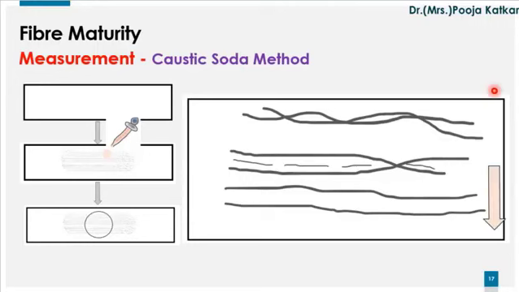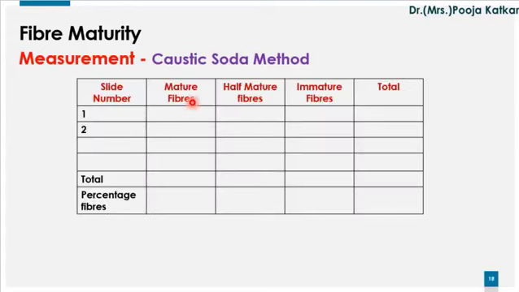You have to move the slide from one end to the other to cover all the fibers, and then you need to categorize the fibers.